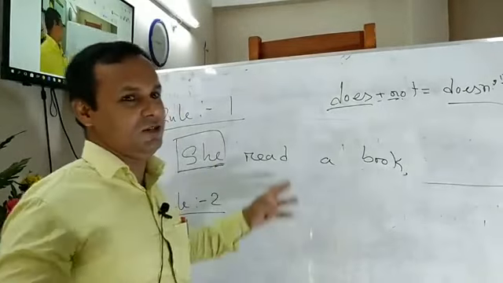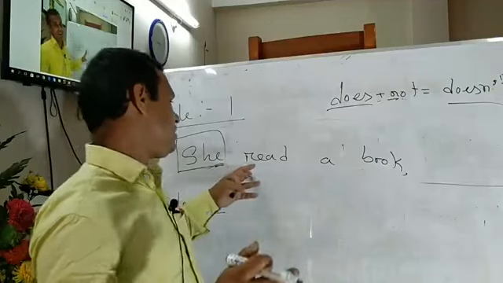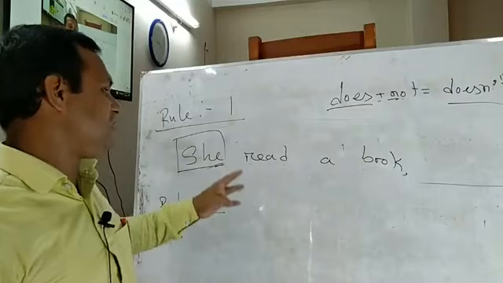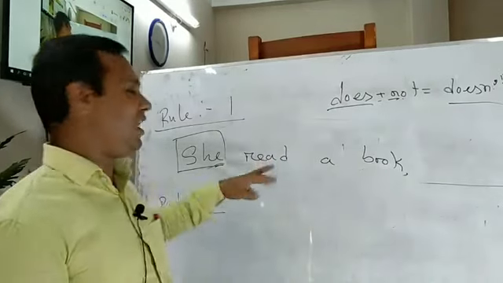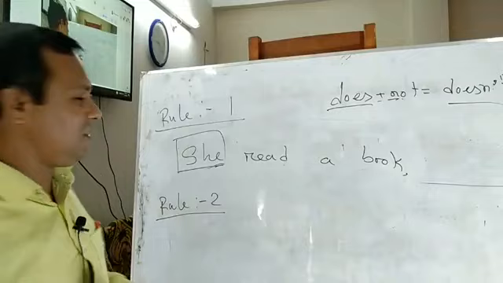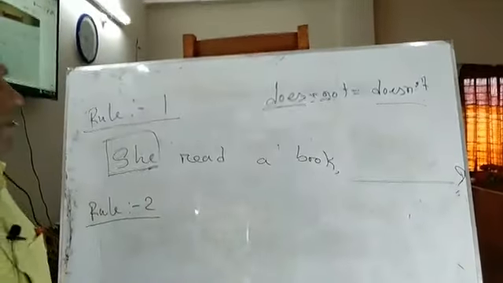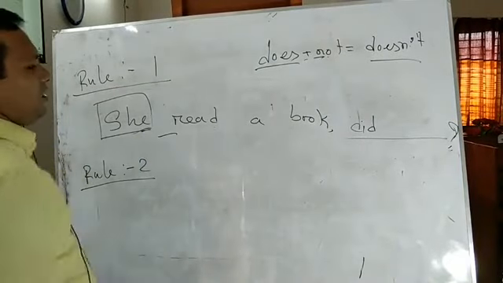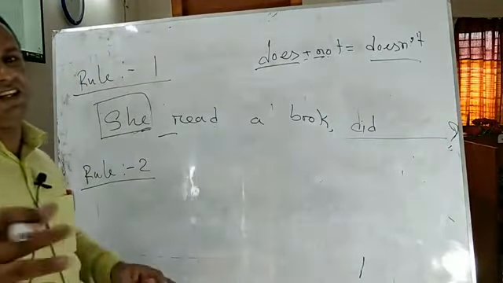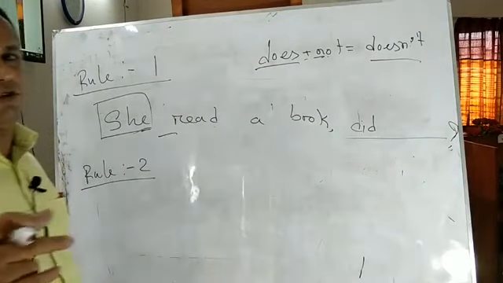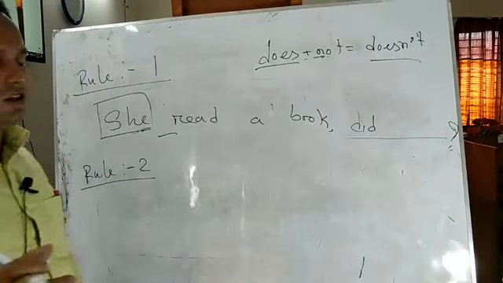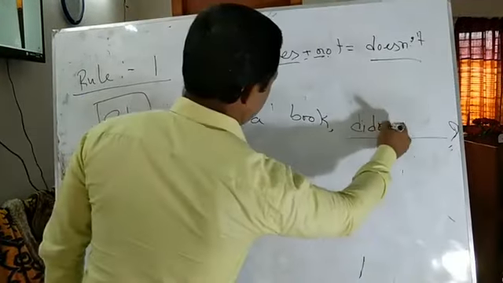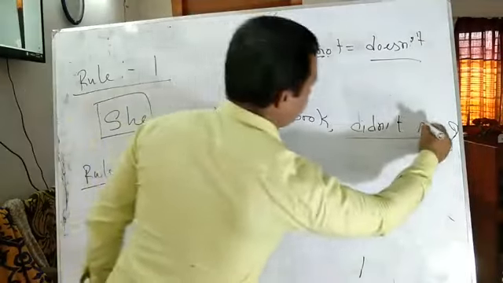If the sentence is present indefinite tense, you can find reads, but there is no s with the read, so it is the past indefinite tense. So you have to take the auxiliary verb did, and there is no not. That means not is absent in the sentence, so it is an affirmative sentence. So you have to make the tag question, auxiliary verb plus not in its contraction form, didn't she.